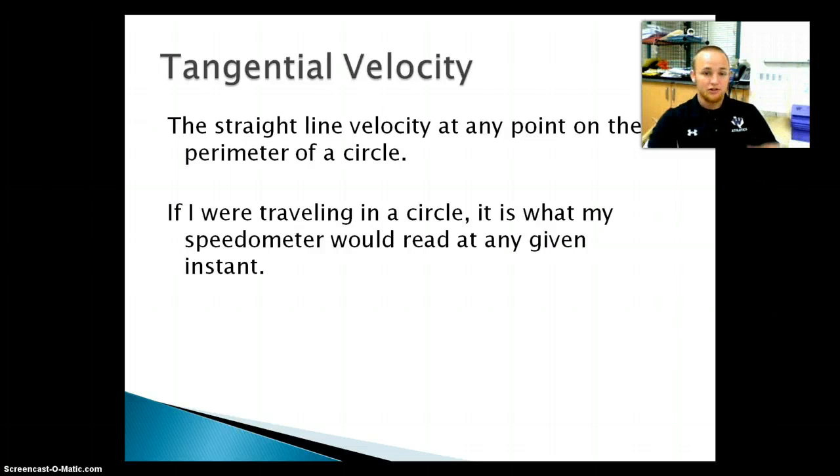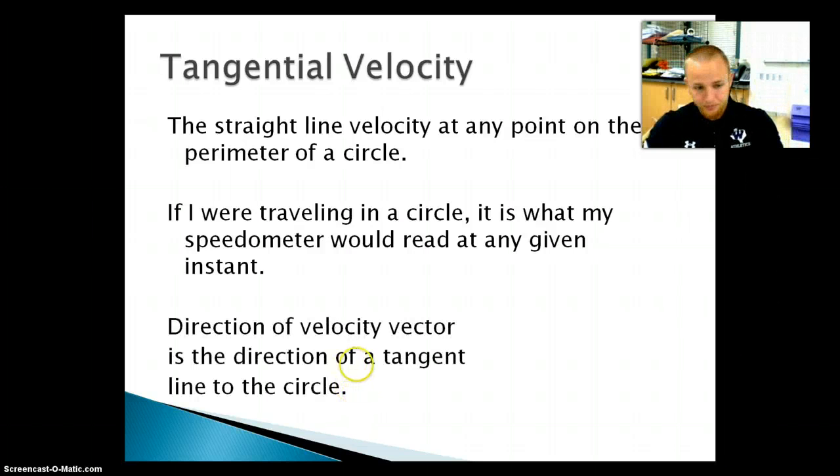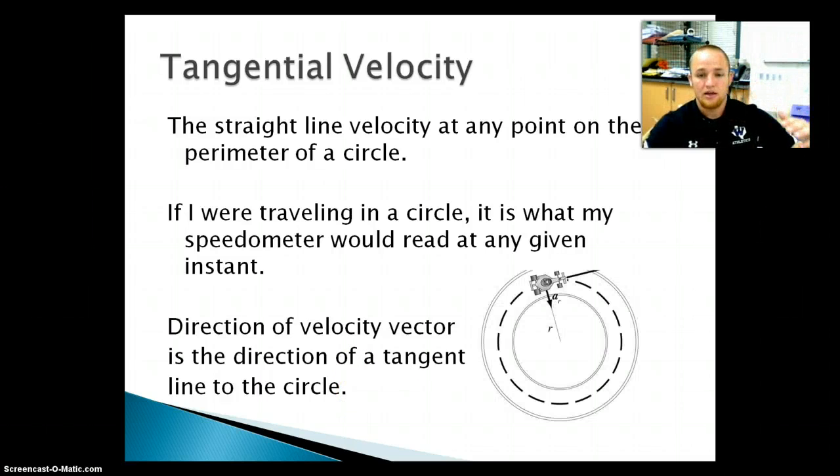So the direction of our velocity vector is the tangent line to that circle. In my picture here, this is the circumference of my circle, and this V is the tangent line to that circle, and that V is my velocity vector.